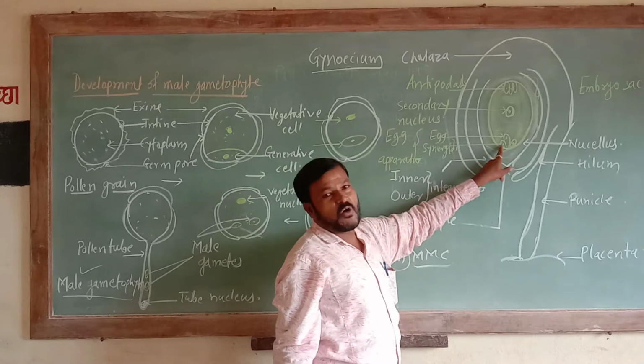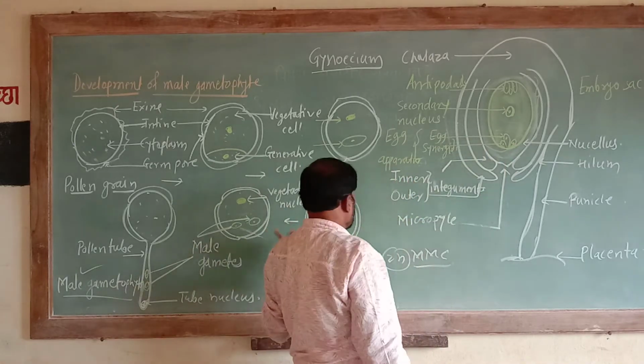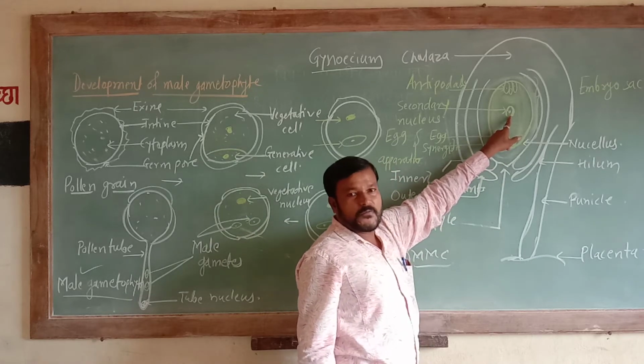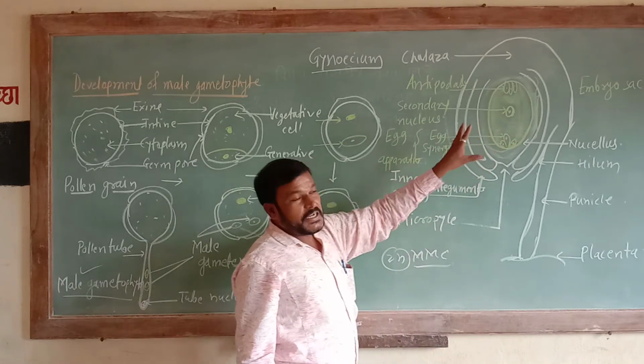Synergids are filiform, that is, they give direction for the entry of the pollen tube. Then at the center there is the secondary nucleus, and it is diploid.